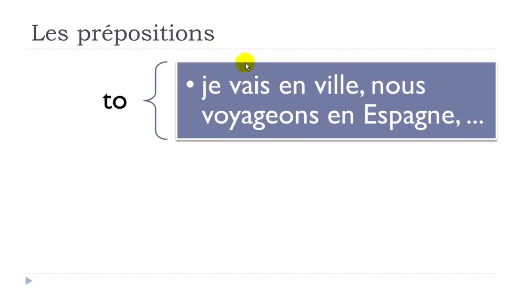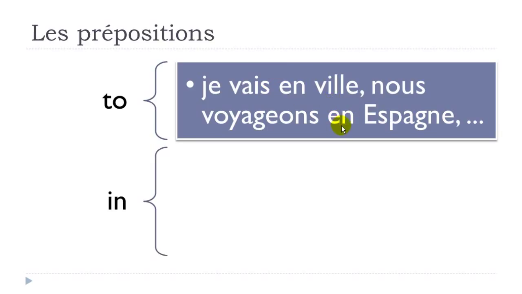For instance, je vais en ville, aller is to go, and ville is town. Or nous voyageons, voyager is to travel, en Espagne, Spain. So when you want to express this "to" concept in English, in many cases we'll use this preposition en.